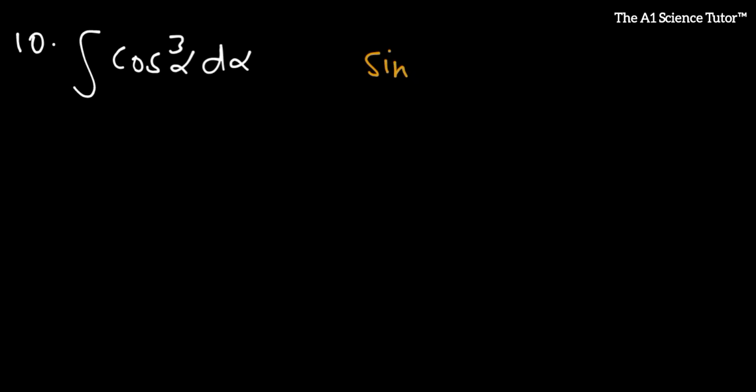Now here is the last question. Evaluate the integral of cosine to the 3rd alpha d alpha. How can you actually solve this question? Now, first off, you need to know some trigonometric identities. If you had sine squared alpha plus cosine squared alpha, that is actually equal to 1.